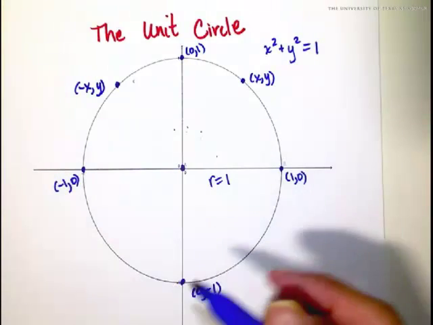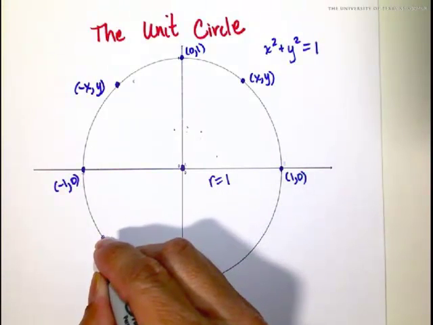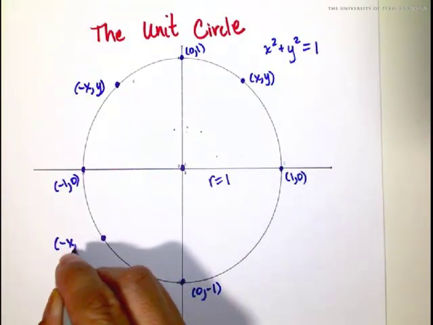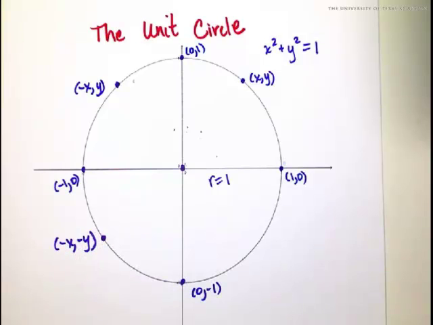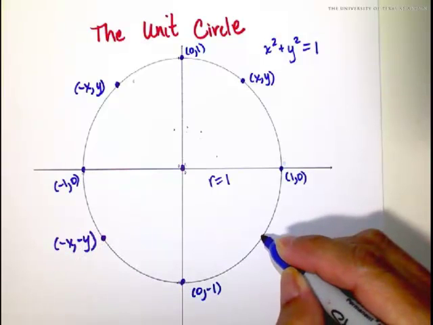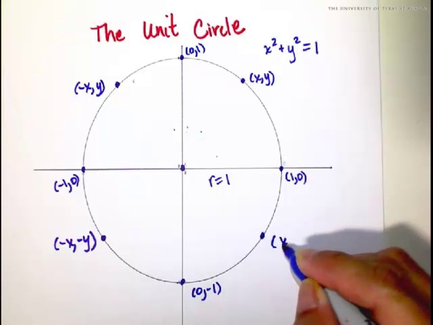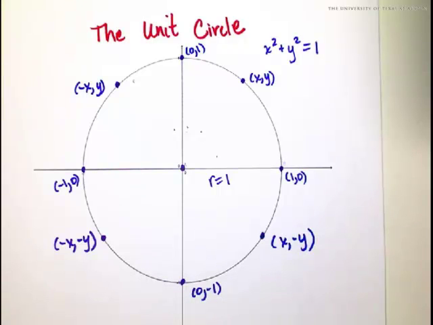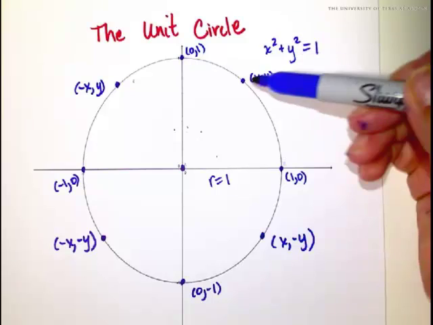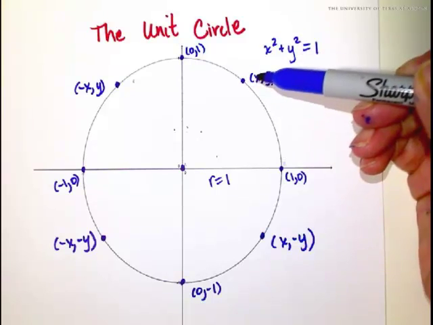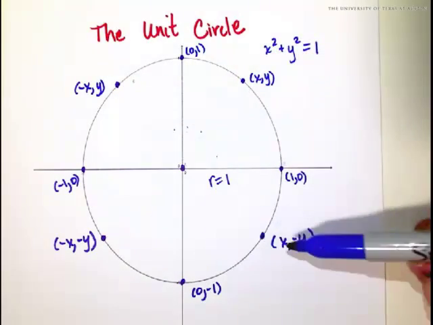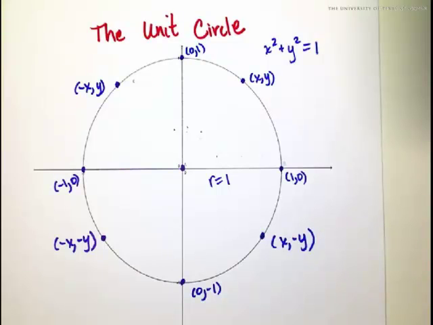I know also the point (-x, -y) lies on the unit circle, and the point (x, -y) lies on the unit circle. So if I know any one point on the unit circle, I automatically know 3 other corresponding points.